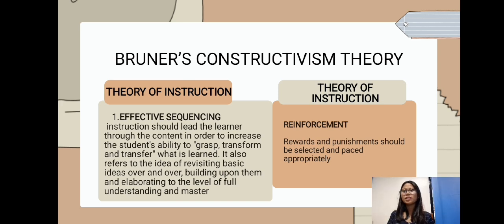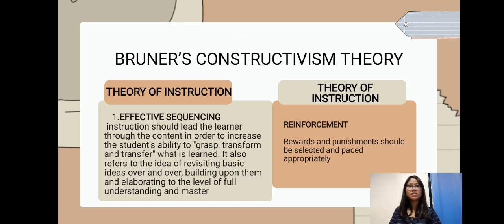Effective sequencing advocates a structured instructional approach that is progressively built upon prior knowledge. It emphasizes revisiting and elaborating on a basic concept repeatedly, leading to a deeper understanding and the ability to apply and transfer learning to new situations.